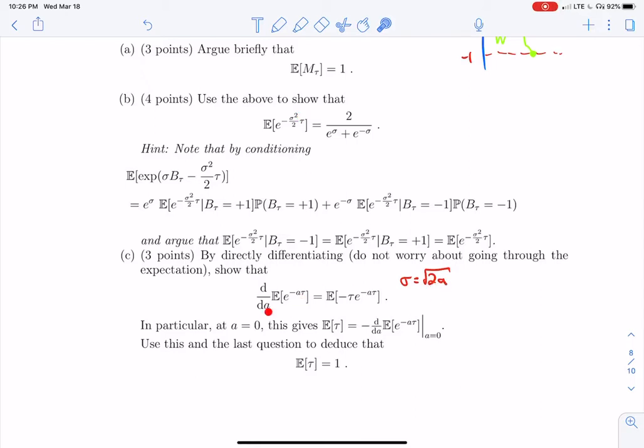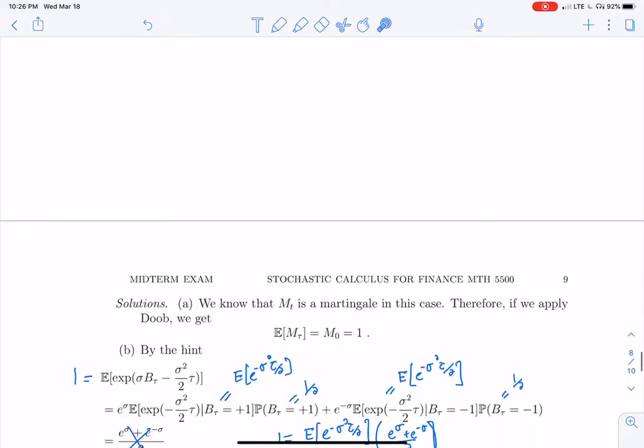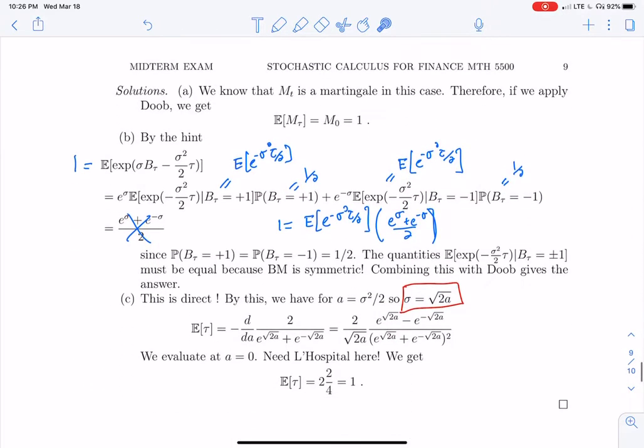When you take the derivative, the tau gets out, and you evaluate at a equals 0. So you get the expectation of tau is the derivative of what you computed there with respect to a, for sigma equals the square root of 2a. Okay, and you get that. So let's go through it point by point.